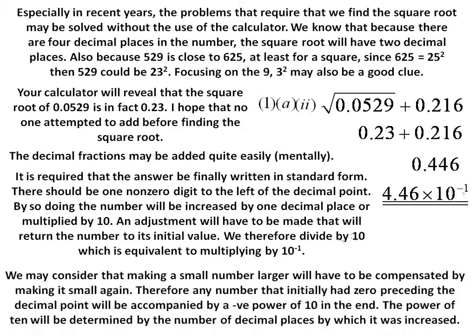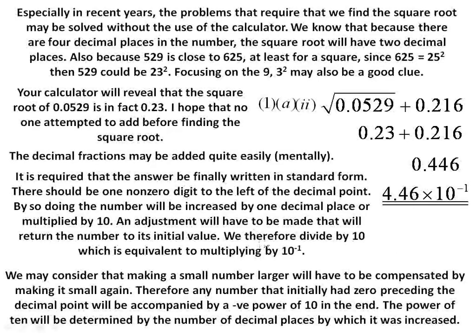We may consider that making a small number larger will have to be compensated by making it small again. Therefore, any number that initially had 0 preceding the decimal point will be accompanied by a negative power of 10 in the end. The power of 10 will be determined by the number of decimal places by which it was increased.